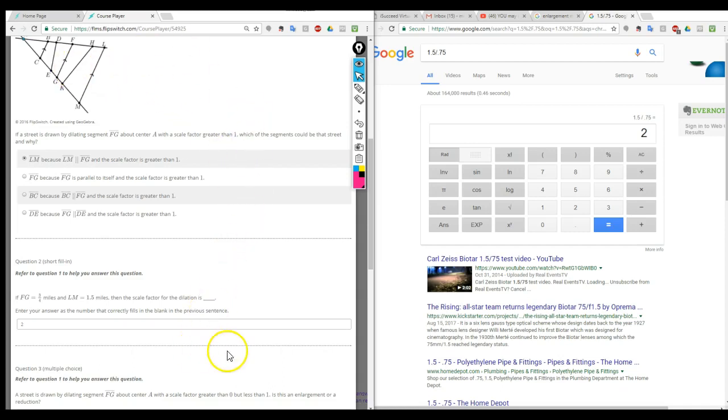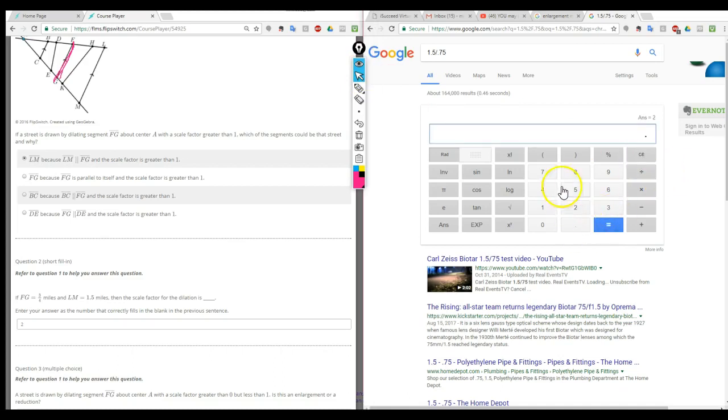So if I look at FG, this length, and I were to multiply that length, and we'll just use the length that it gave us in question 2, 3/4 miles, or 0.75.